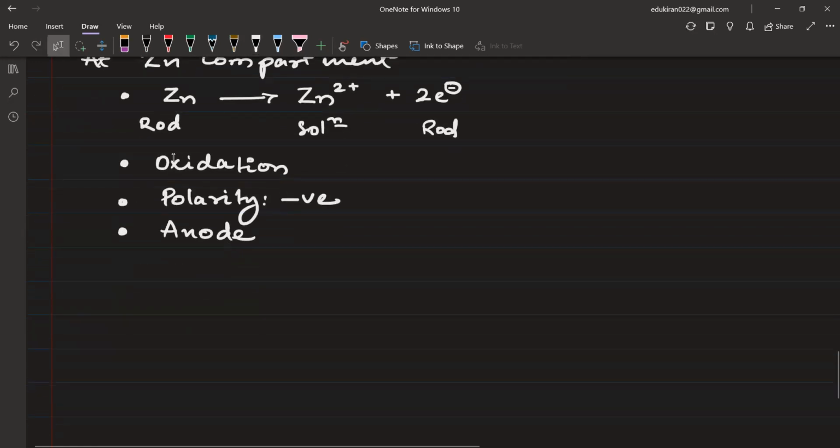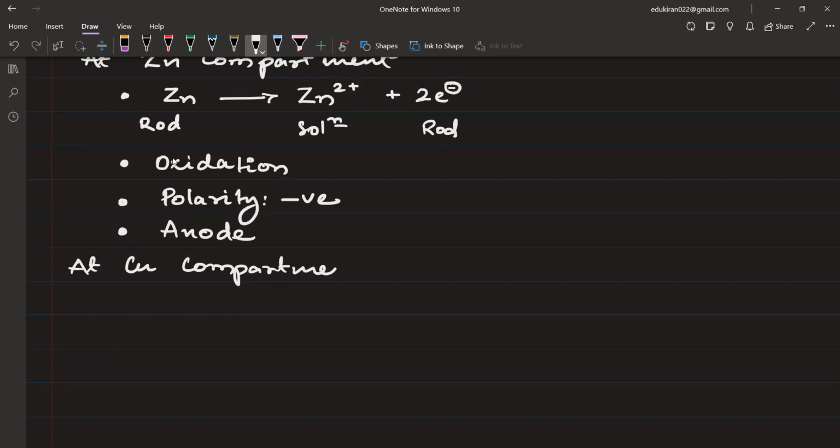Now, if I look at the copper compartment, please try to write things about it. In the copper compartment, we are having a reaction like this. Cu2+ is taking the 2 electrons, and it is getting converted to copper.